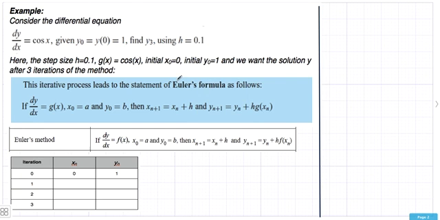So this is in your notes. You've got consider the differential equation dy dx equals cos x given y naught. Now the little subscript means initial. Given that y naught is 1, you've also got some other information in here. This is an x, so this is actually what we'd call our x naught, our initial x, which is 0. Okay, we're being asked to find y3.